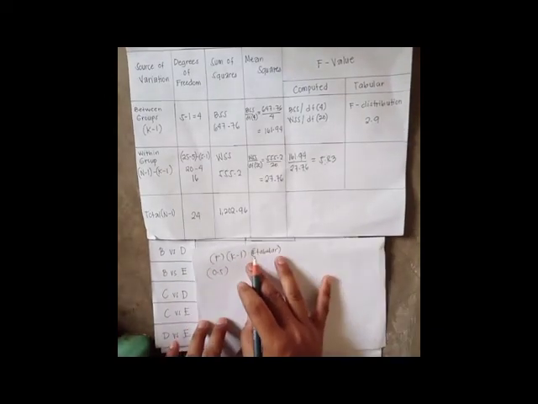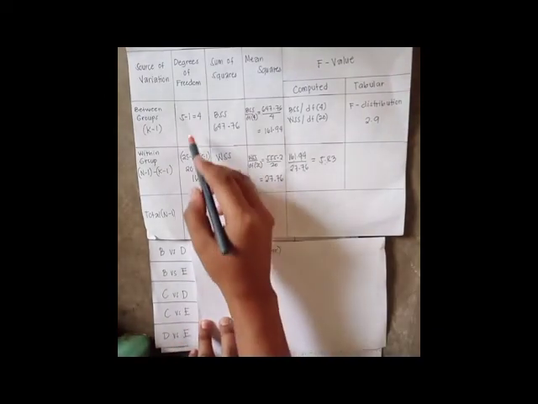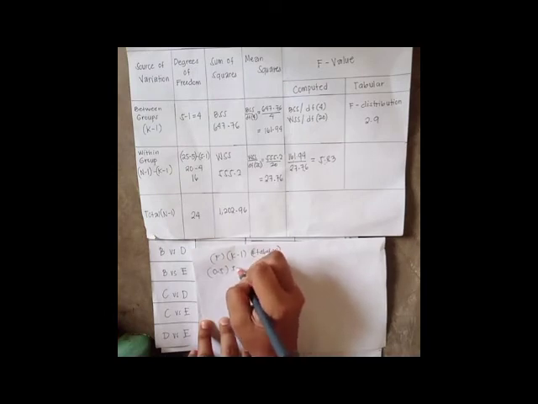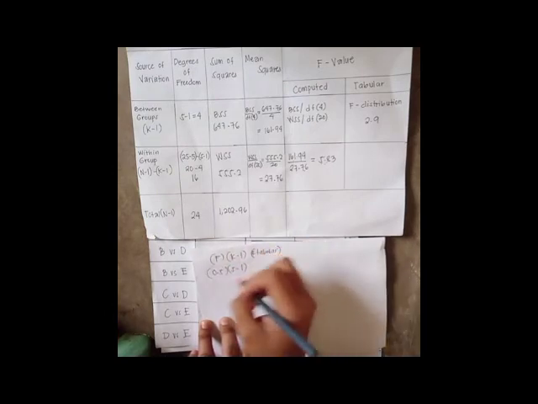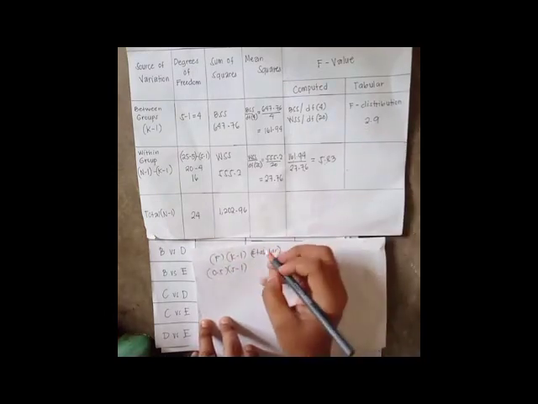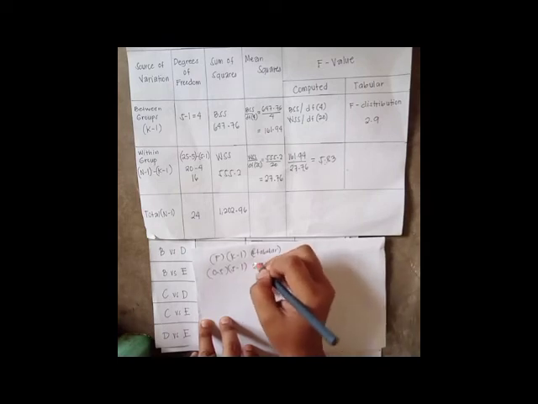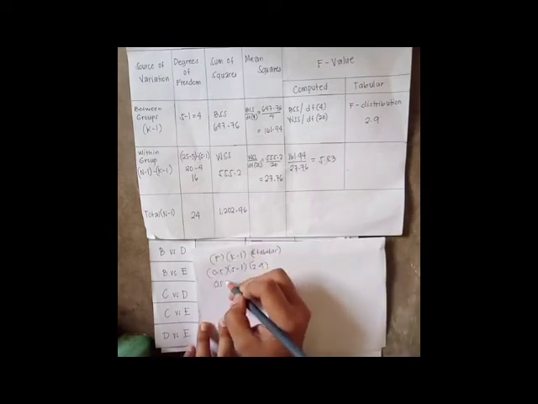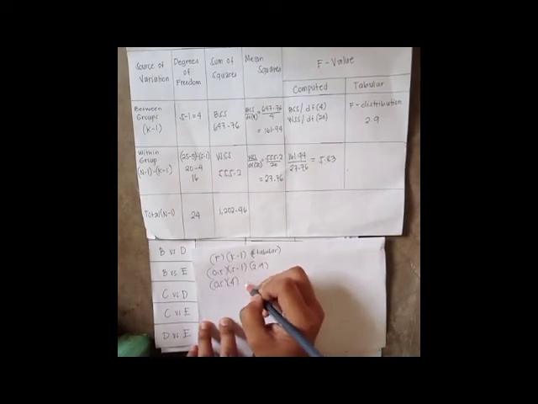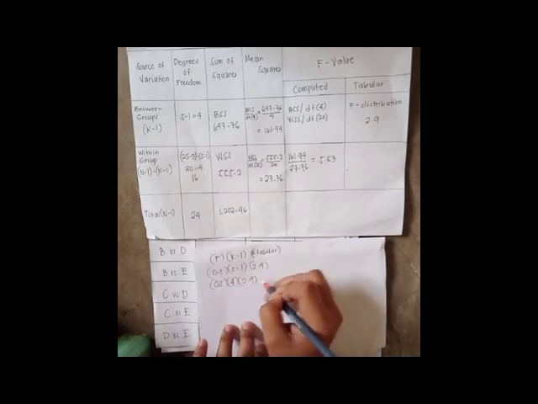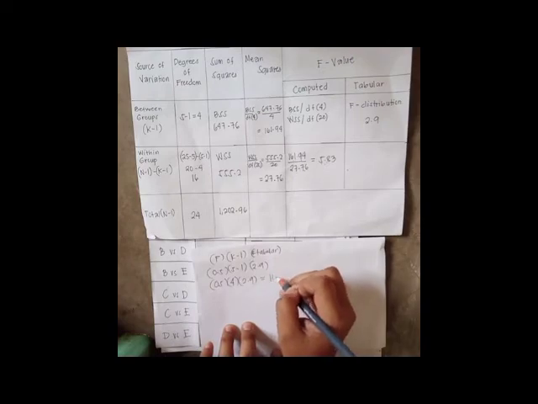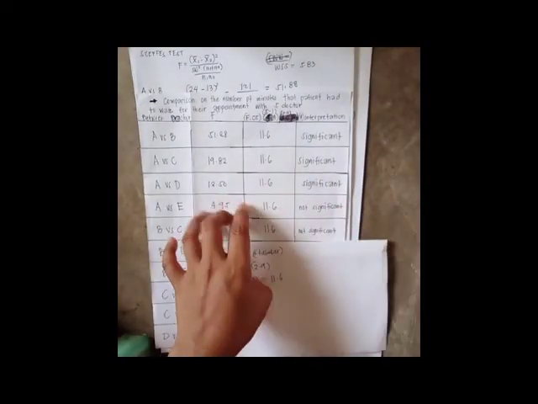Our F is 0.5, our K is 5 minus 1, which will be equal to 4. F tabular is 2.9. So 0.5 times 4 times 2.9 will be equal to 11.6. That's why we have here 11.6.